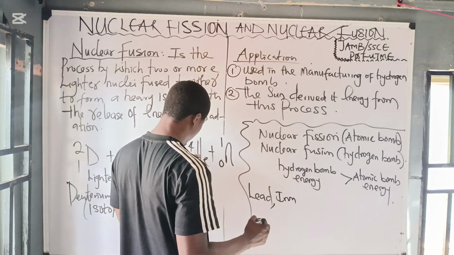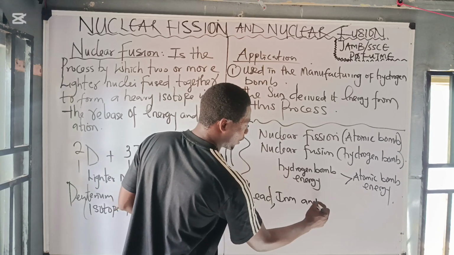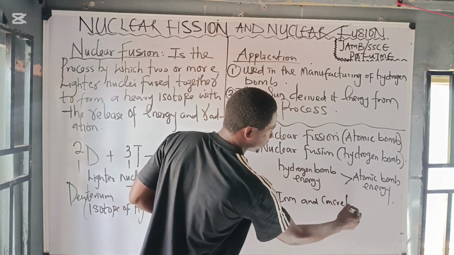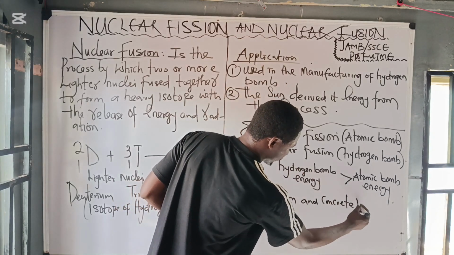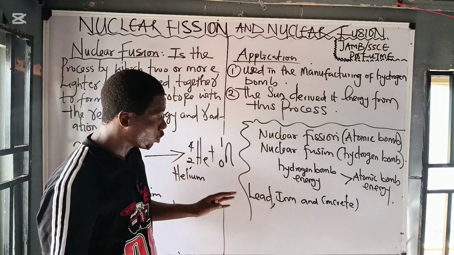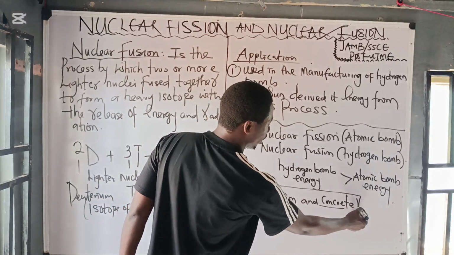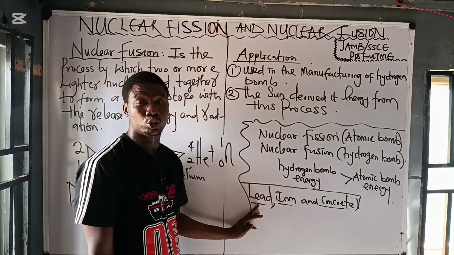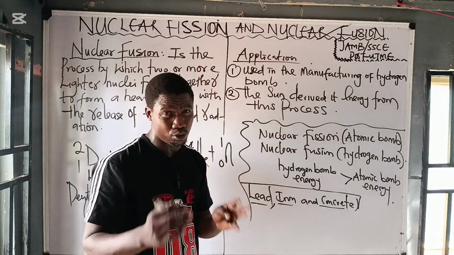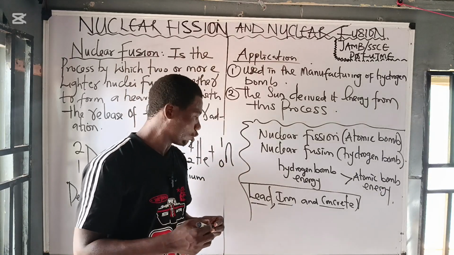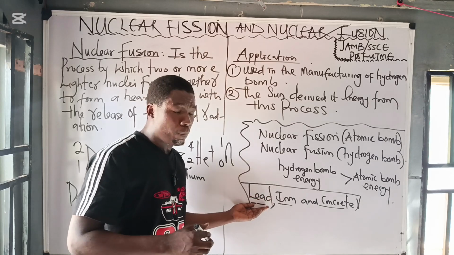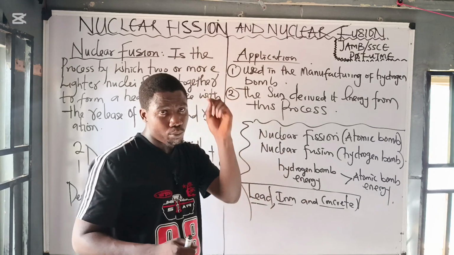So the walls of nuclear plants are built with lead, iron, and concrete. Not just concrete and iron, but also lead. And you must know that the purpose of building with these is to minimize energy loss.